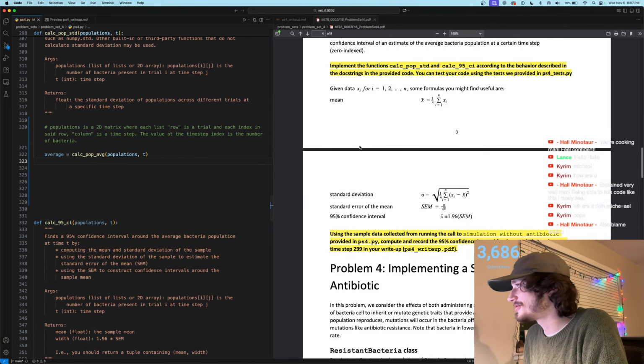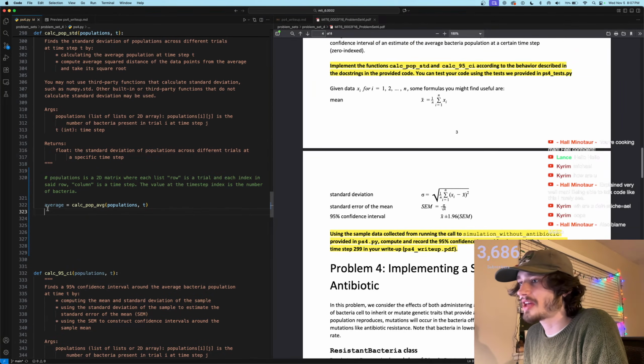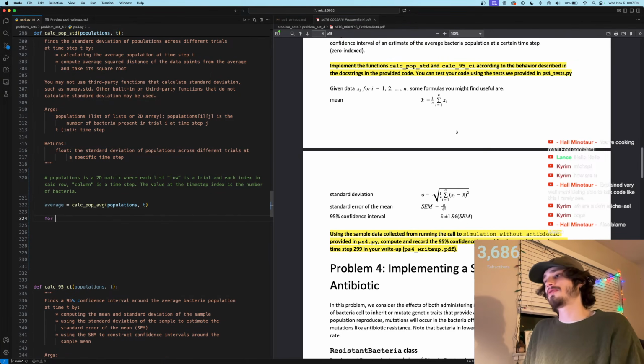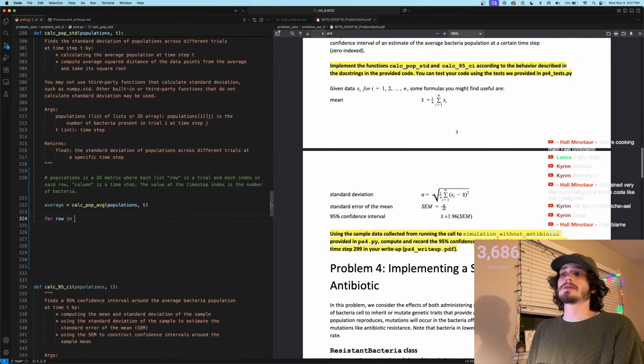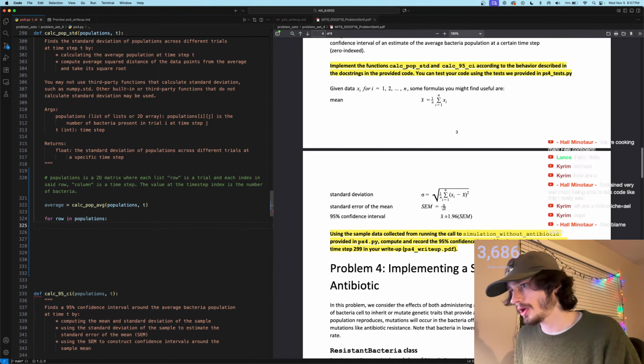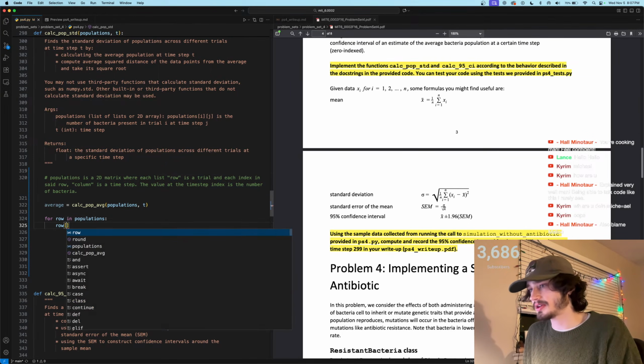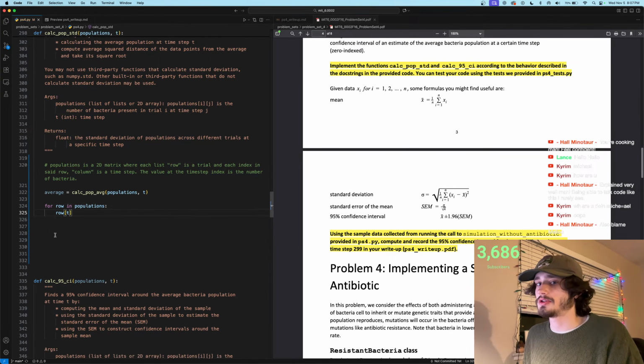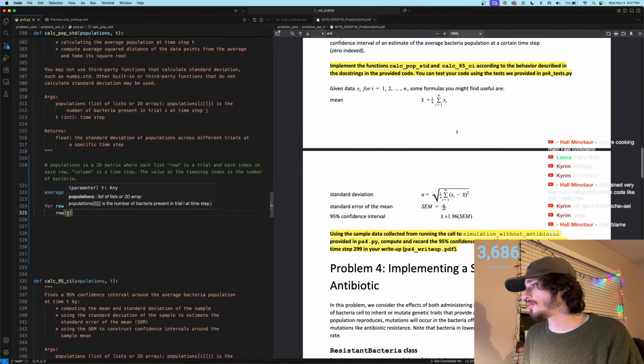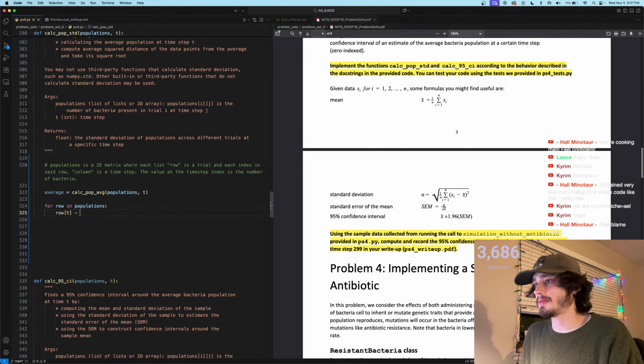Okay, and then what we're going to do is write the standard deviation. So now that we have the average, we're going to say for row in populations, we're going to go to row index of t, and then compute a distance of the row of t from the average, right?